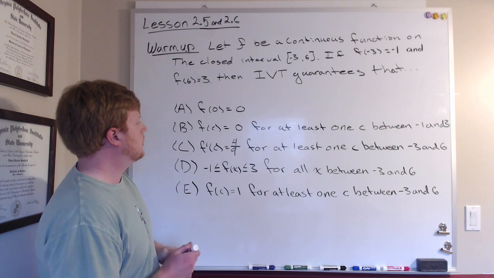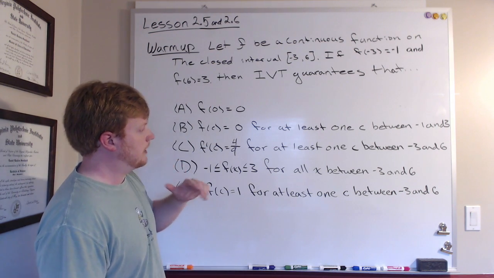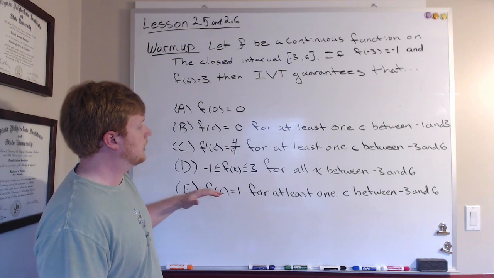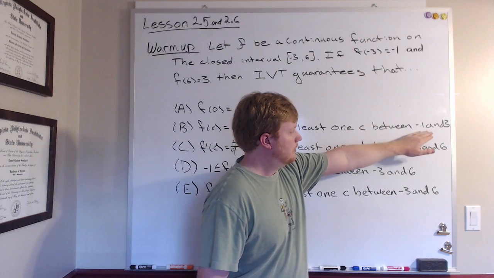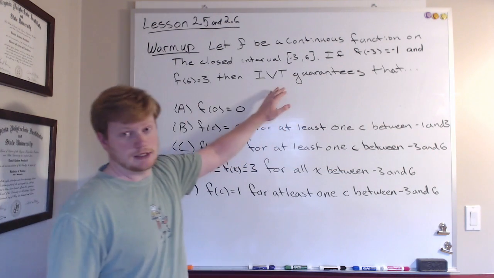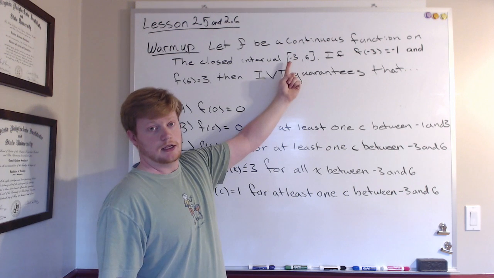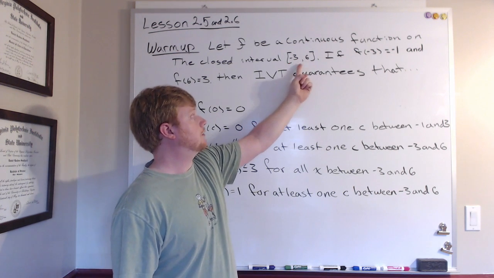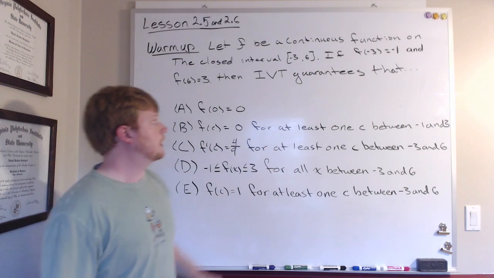So the first thing I'm going to do here is find everything that is telling me between -1 and 3, because that's not what the IVT is talking about. The IVT guarantees the existence of an input between -3 and 6, in the interval -3 to 6.